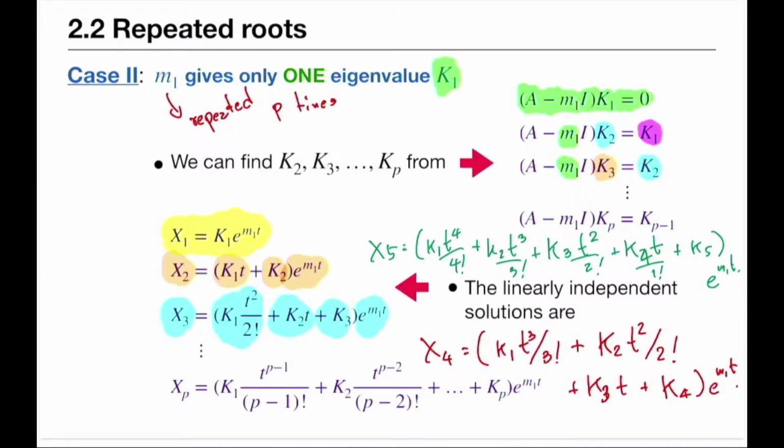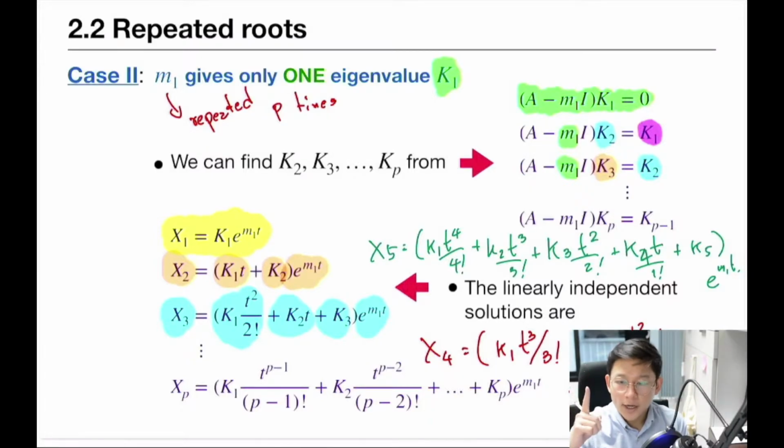So to sum it up, if m is repeated p times and one m only gives you one k, you take that k, which is k1, and put it on the right hand side instead of 0, and you can find k2.